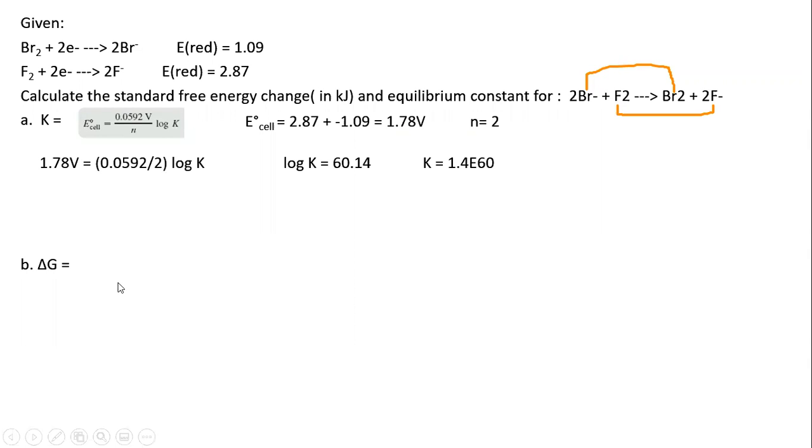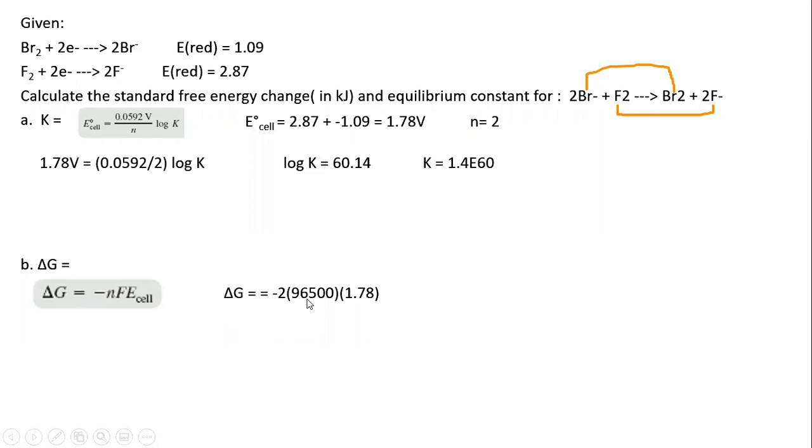Now to calculate delta G, we use this relationship between the cell potential and delta G equals negative nF E of cell. Now again, n is the moles of electrons transferred. F is a constant, the Faraday's constant. And so when we plug that in, we can calculate delta G. So again, since E of cell is positive, it's spontaneous, so delta G should be negative.